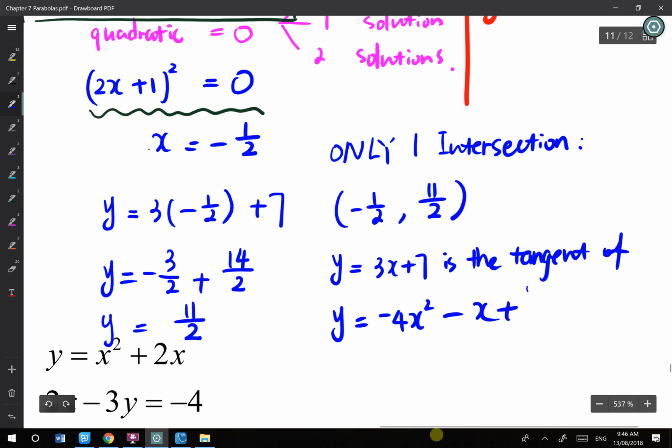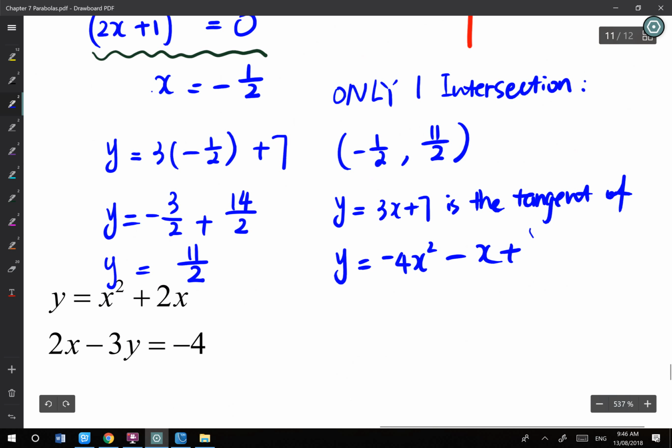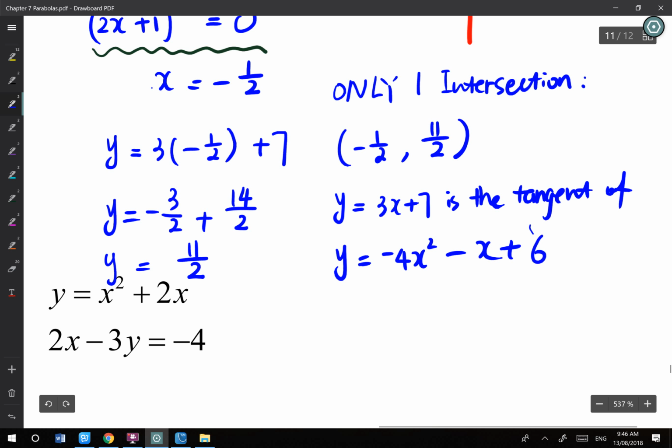Wait, plus what? Plus 6. Okay, so because there's only one intersection, which means the linear is the tangent for that quadratic.